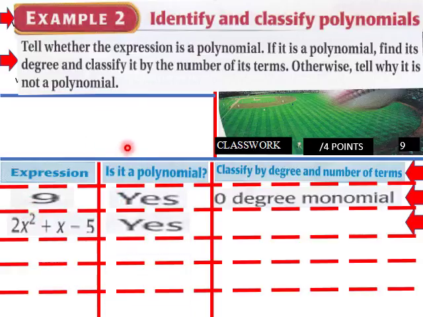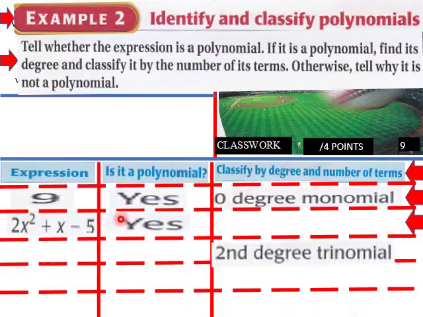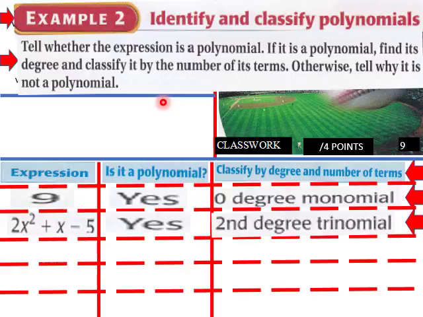2x squared plus x minus 5. Is it a polynomial? Yes. Second degree trinomial because of this leading term right here. Coefficient's 2, and then the degree is 2. 6n to the 4th minus 8 to the nth power.